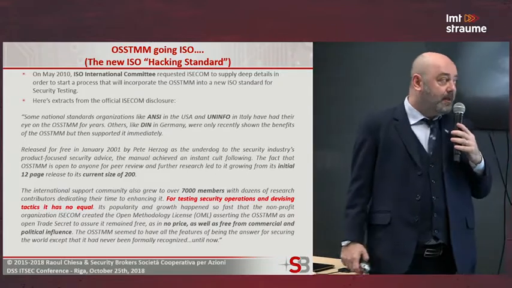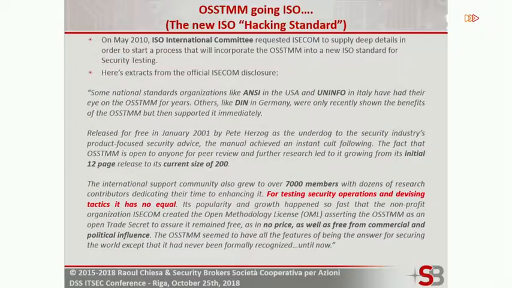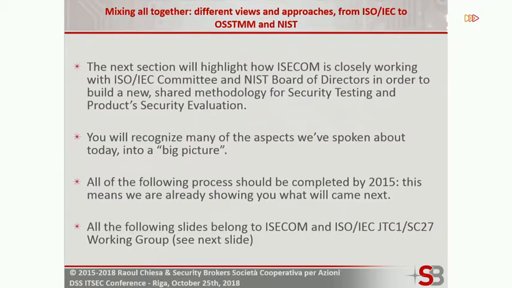They begin to call it the new ISO hacking standard. It isn't that. It's ISO who decided to pick up the best available all around. So they decided to pick up OSSTMM and the NIST from the United States. I try to be quick.